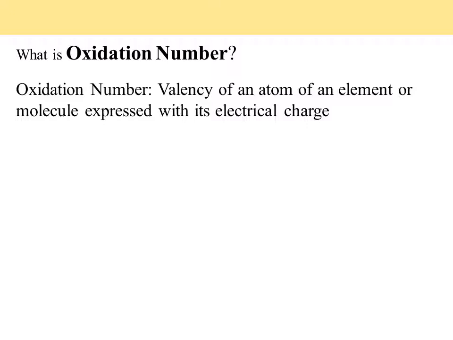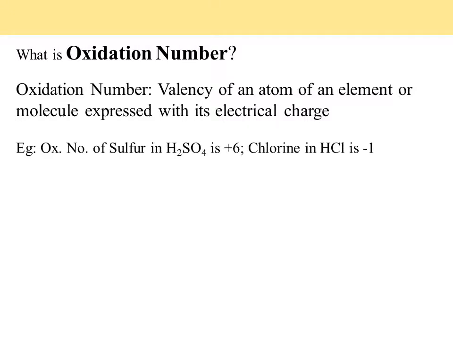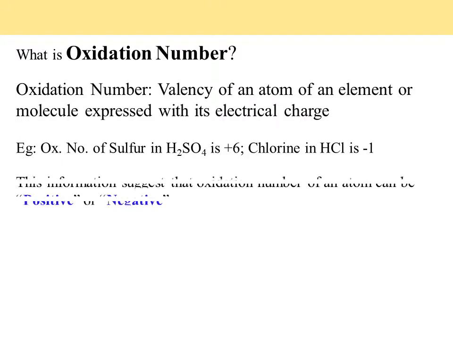Clear? All right. Now the examples: the oxidation number of sulfur in H2SO4 is +6, and the oxidation number of chlorine in HCl is -1. This suggests that the oxidation number of an atom can be either positive or negative.